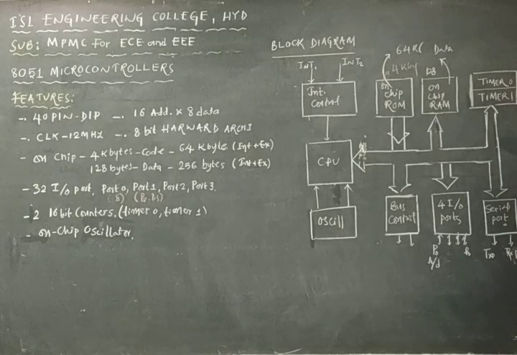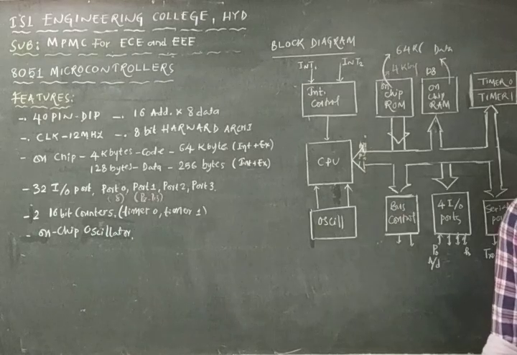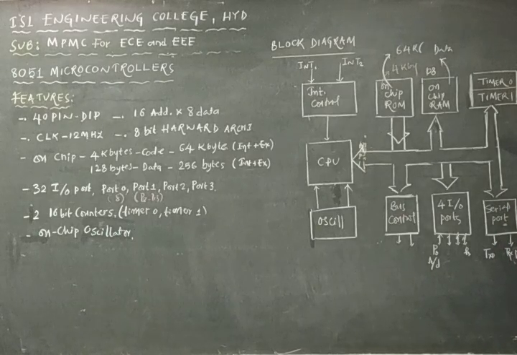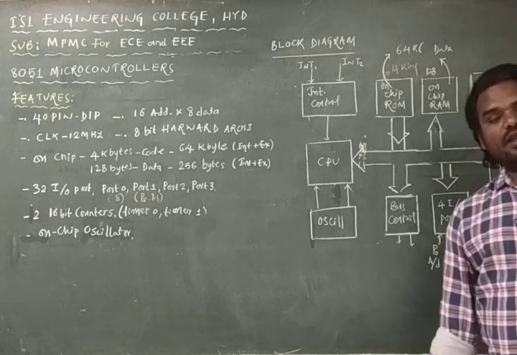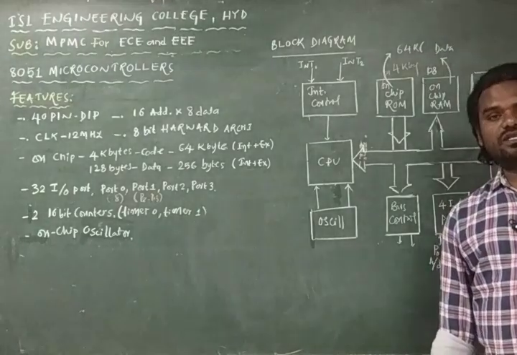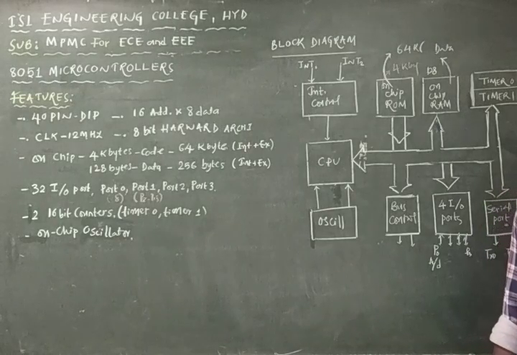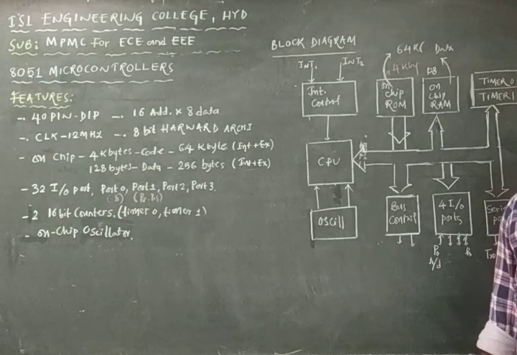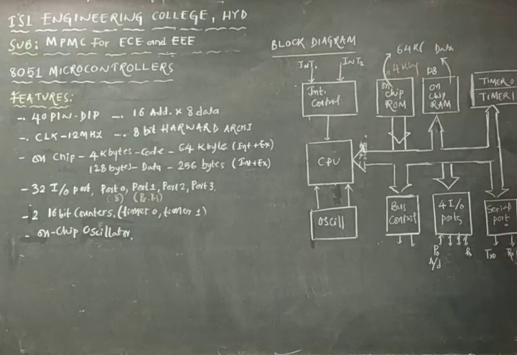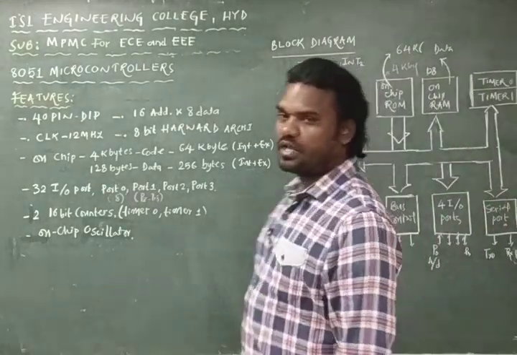In automation, when you go to a fuel filling station, the filling automatically stops when the tank is full, which is also a good example. In communication systems, radios, televisions and computers, we use microcontrollers, and in military applications also, the microcontroller is used very widely.